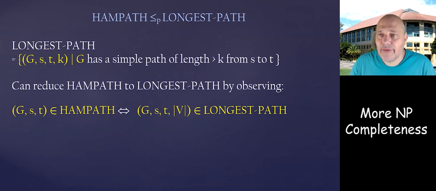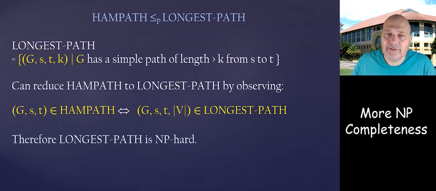If there is a simple path from S to T whose length is the size of the vertex set, then it is also a Hamiltonian path, because the only way to have a simple path whose length is the size of the vertex set is by touching all vertices. Therefore, longest path is NP hard.